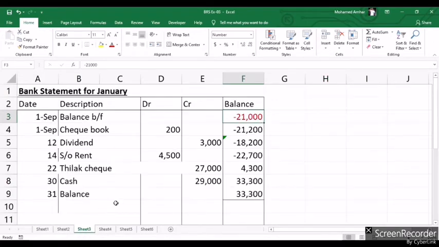This should be debited, but here there is no 5,000. That means although the business issued the check, that check has still not been presented. That's why the 5,000 is not appearing on the debit side. So we call that an unpresented check.